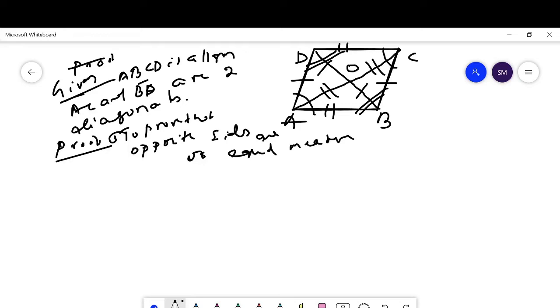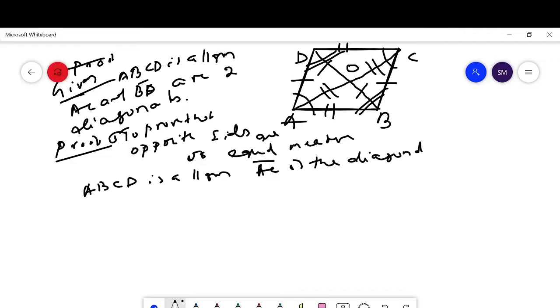Suppose ABCD is a parallelogram and AC is the diagonal.